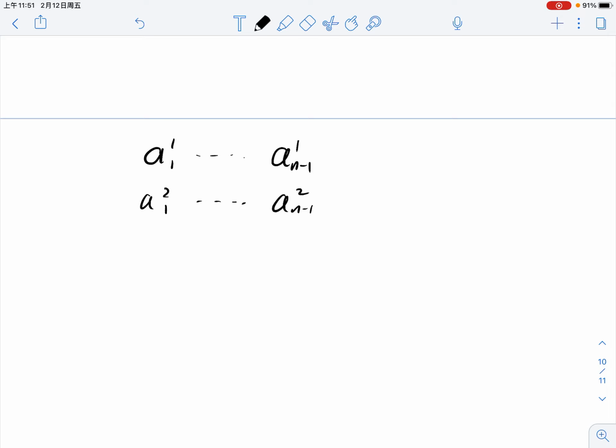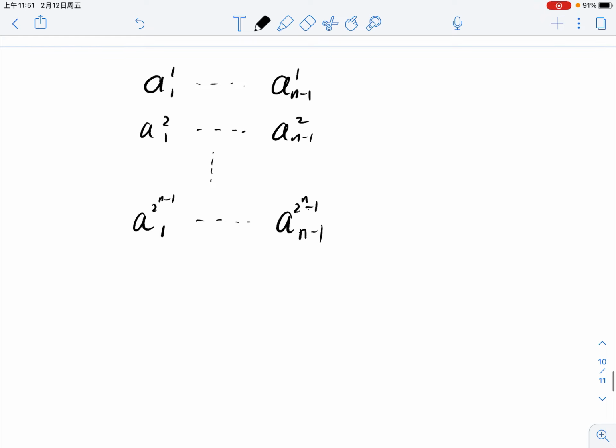The superscript 2 means this is the second. Since totally you have 2^{n-1} subsets, the last one will be this A_{2^{n-1}}^{n-1}.